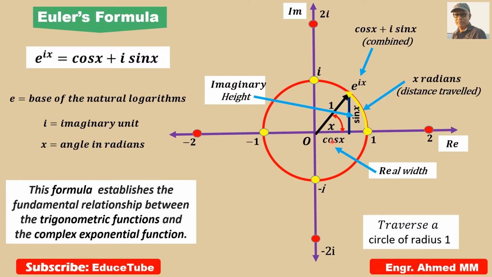This cos x, of course, is the real part, and sin x, as I already told, is the imaginary part. So it is a combination of a real and an imaginary number, which together we can call a complex number.